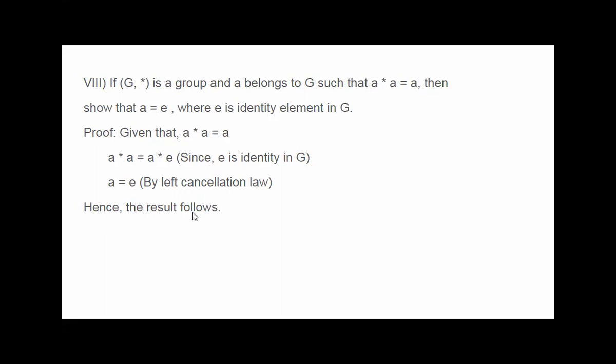Hence the result follows. What is the result? What we have to show here is A equal to E. When A star A is equal to A, then that A is nothing but E, which is again the identity element.